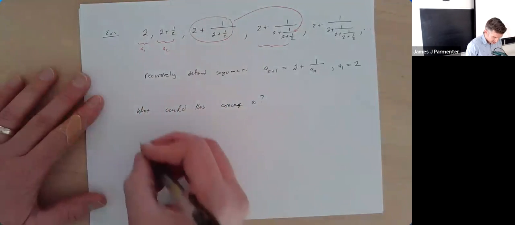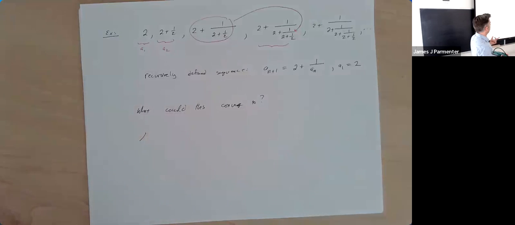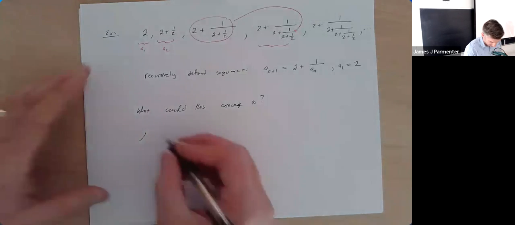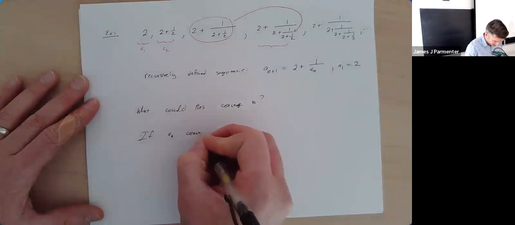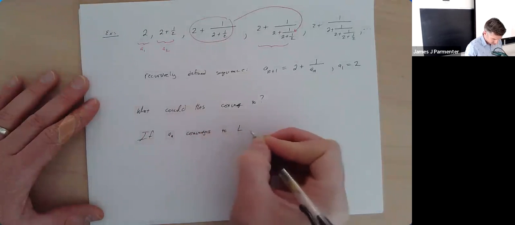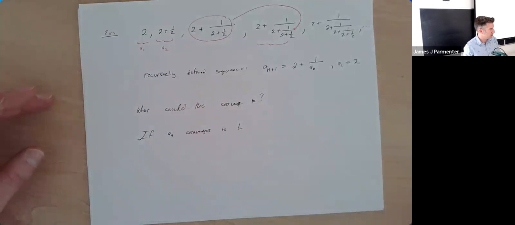Well, here's something I probably should have said before, but didn't. It's fine. So if a sub n converges to some limit L, then so does a sub n plus 1, right?